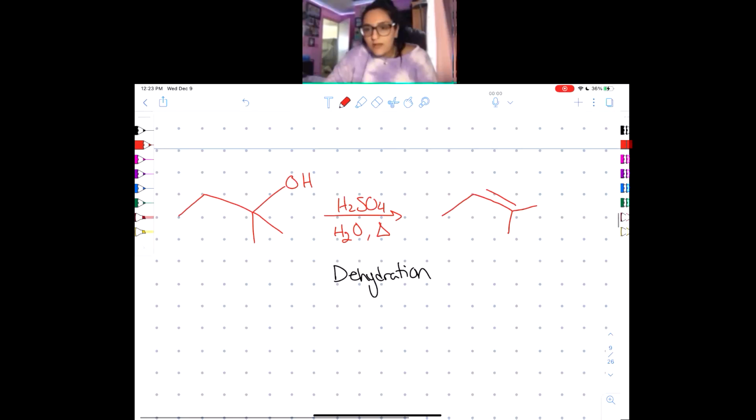The opposite of that would be if we had, for example, this double bond. And what do you think we could use as a reagent in order to hydrate this double bond?